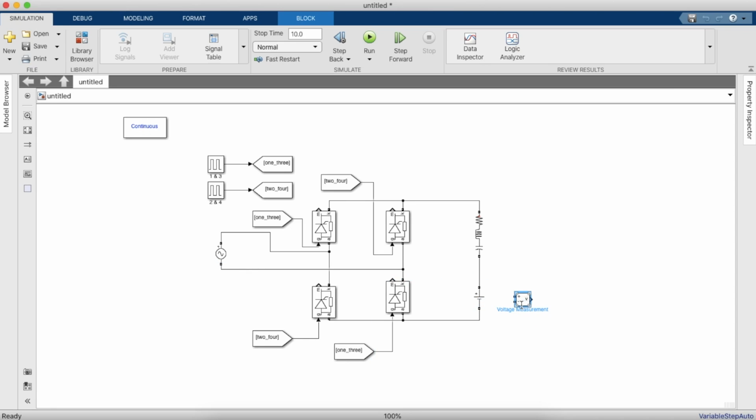So we'll need a voltage measurement block to measure voltages across the elements, and we'll need a scope to view the voltage readings. So let's name what each of the measured values are.